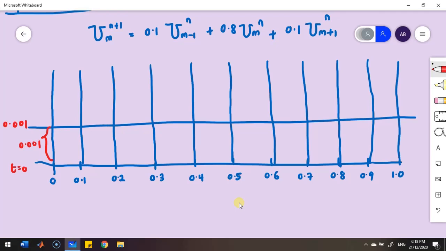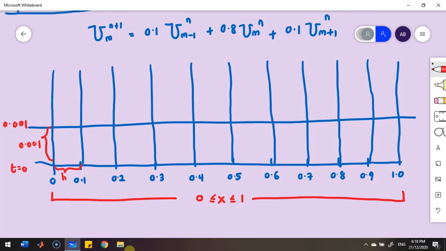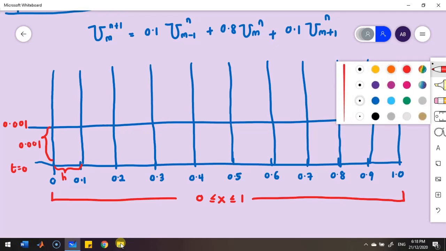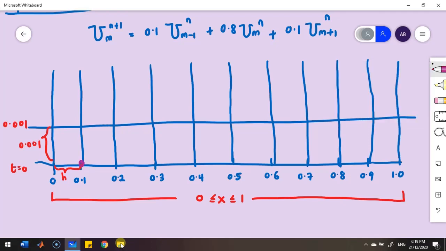This is my x, but do take note that these are given: the interval is x from 0 to 1, and these are my h, 0.1. Having all this information, I now need to find all these values here: 1, 2, 3, 4, 5, 6, 7, 8, 9 values.